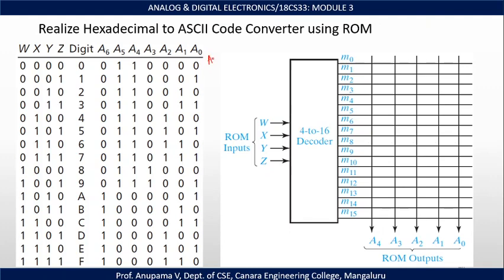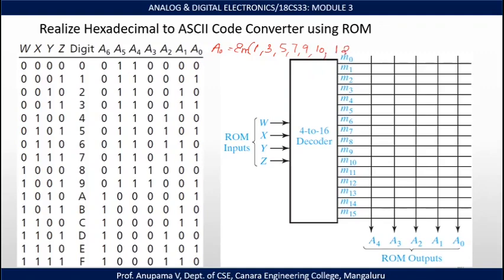A0 is equal to summation m of 1, 3, 5, 7, 9, 10, 12 and 14, since those minterms are set to 1.